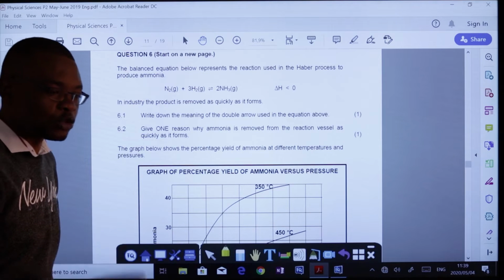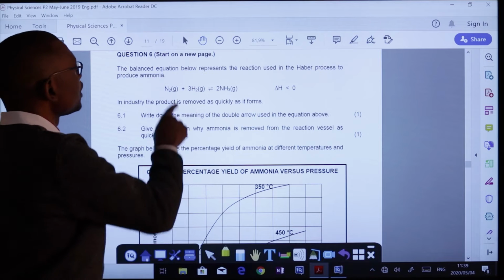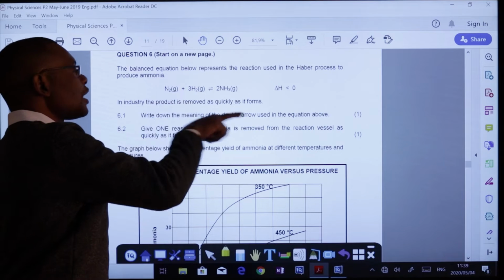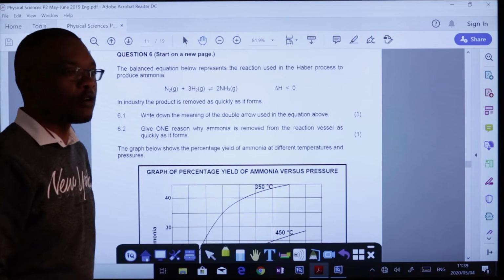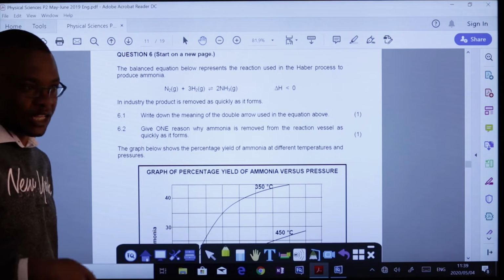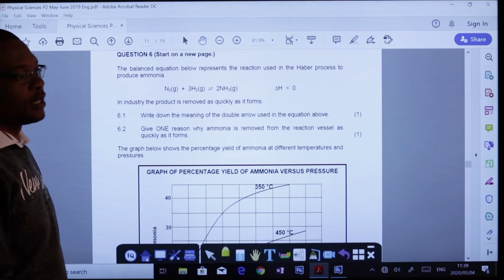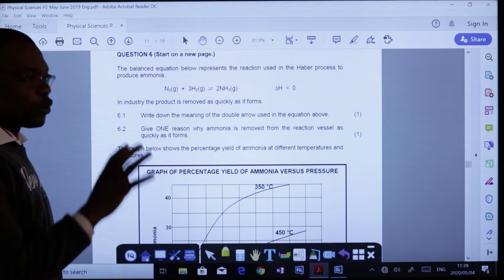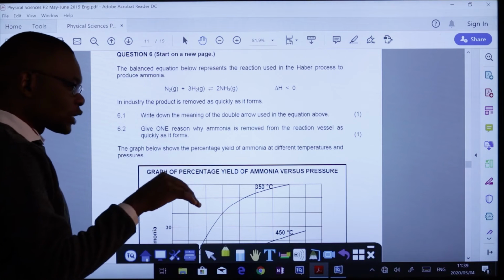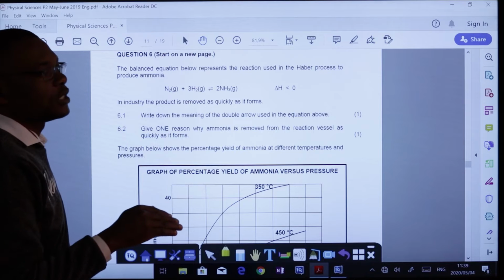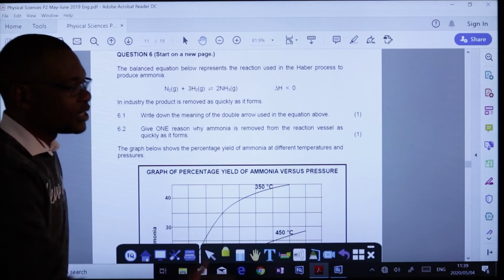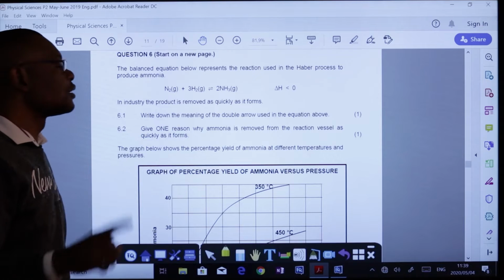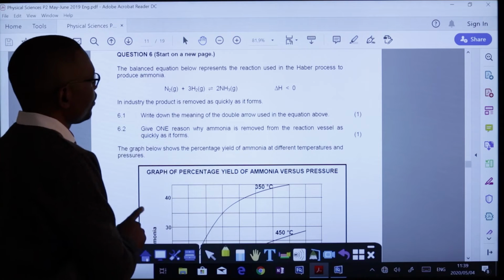When it does not reach equilibrium, the reaction will keep on moving in the forward direction. The forward direction is the formation of ammonia, which is our target product. We are not targeting keeping reactants, we are targeting forming products. So whatever little products we have, before the reaction establishes an equilibrium, we take out the ammonia, so the reactants will keep on reacting in the forward direction. This one, boys and girls.